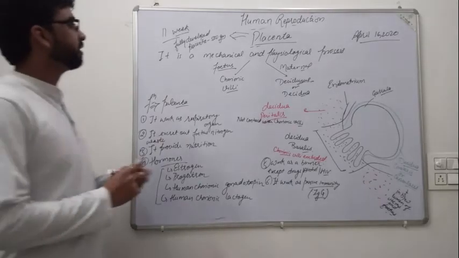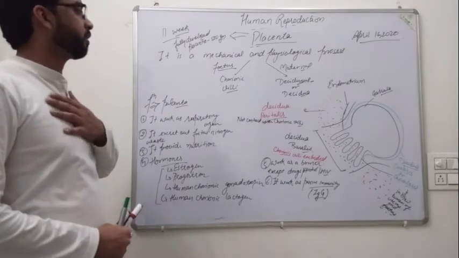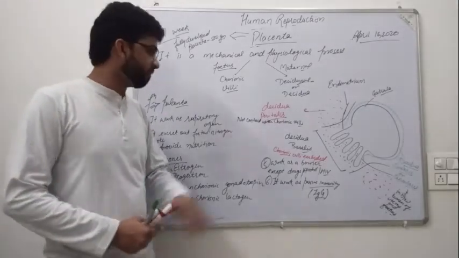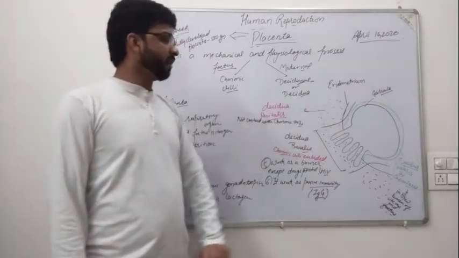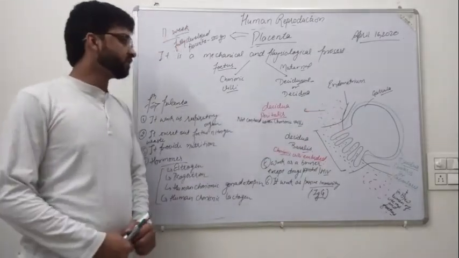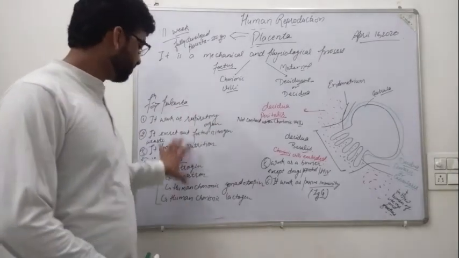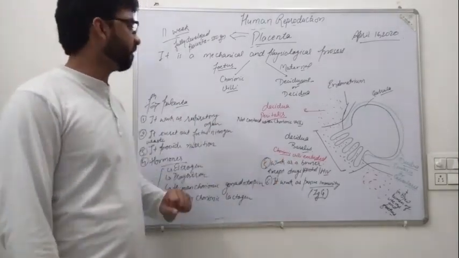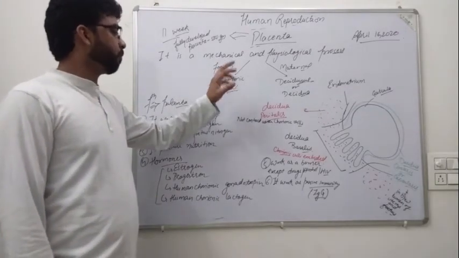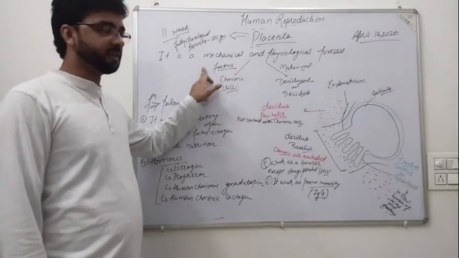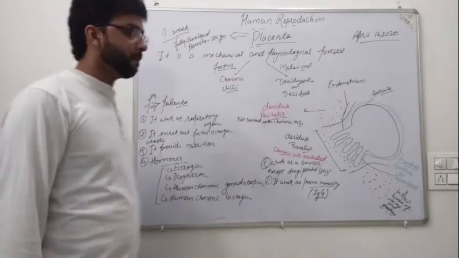So what we have to note in this: the placenta is a mechanical and a physiological process. Mechanical means chorionic villi are embedded in the endometrium wall of the uterus. That's why it's a mechanical process, and all of these other things are included in the physiological process. Placenta is of two parts: chorionic villi of the fetus and decidua of the maternal body.